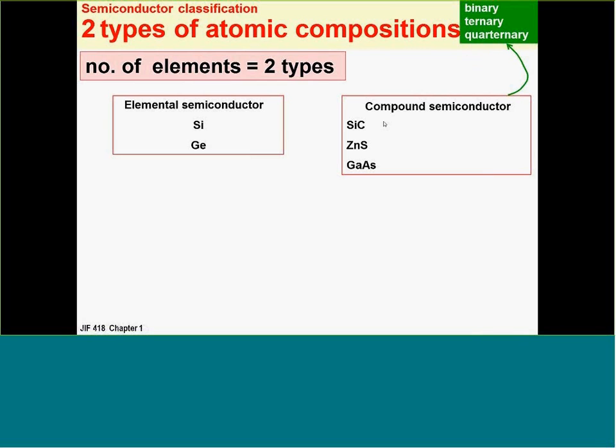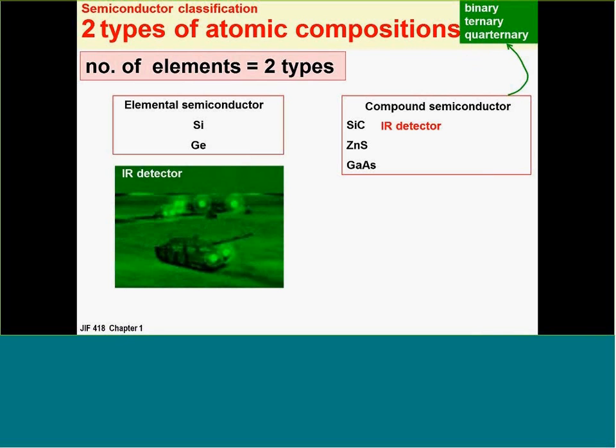Or lasers too. Silicon carbide, normally we use it in IR detector because the band gap is not enough to emit light, but it's about heat, so it can become a good IR detector. Zinc selenide is the old TV.